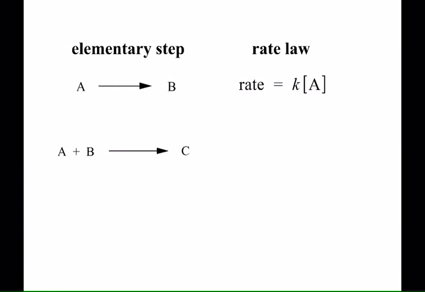This is an example of a bimolecular. And if it's an elementary step, I can come up with reaction order for A and B. What would they be if we can use stoichiometry to be the reaction orders? They're 1, exactly.